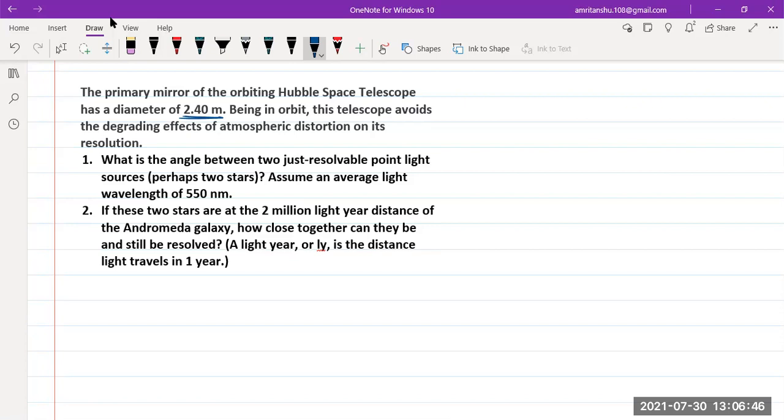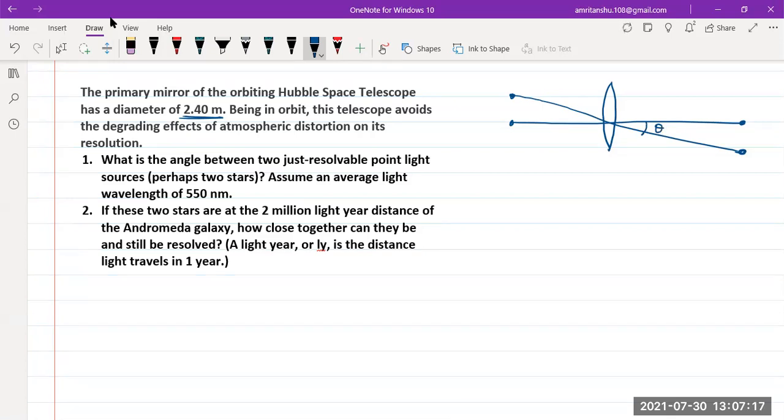So two stars must be over here, and this is our Hubble Space Telescope. Maybe one star forms an image over here, and the other star forms an image over here. Now, in order for these two images to be well resolved or just resolved, what should be the angle between them?